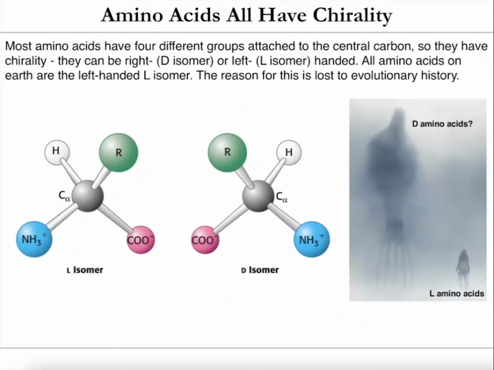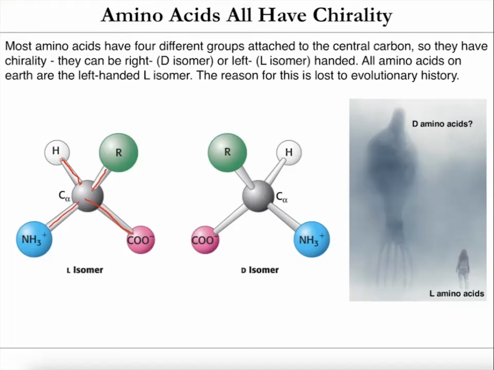An interesting thing about amino acids and other molecules in chemistry is that when a carbon atom is attached to four different groups, as we have with amino acids, the carbon attached to the hydrogen, the amino group, the carboxylic acid group, and an R group, it forms this tetrahedral form, which we talked about in the last lecture.